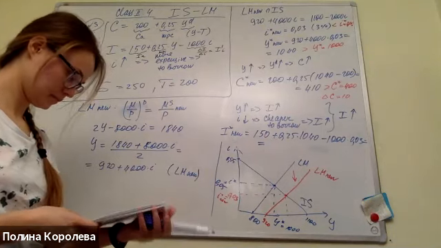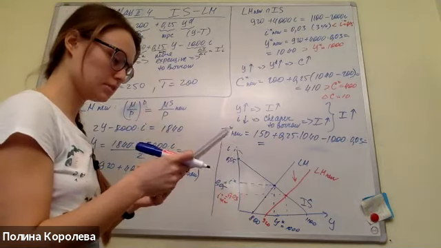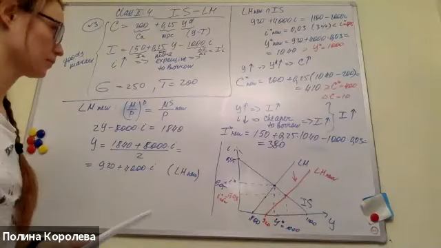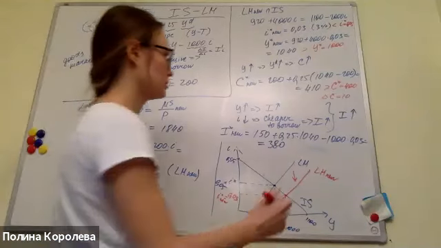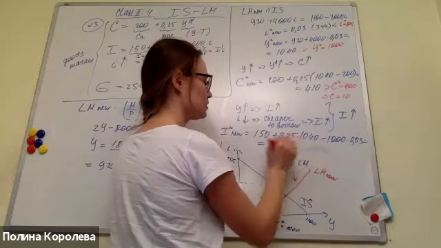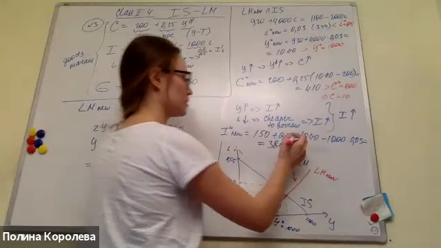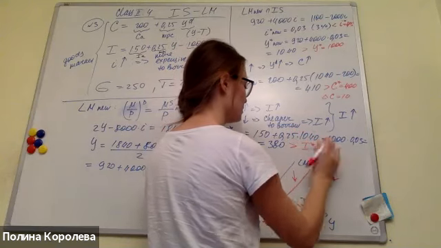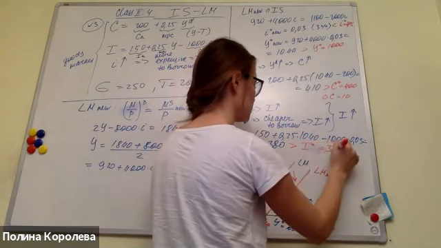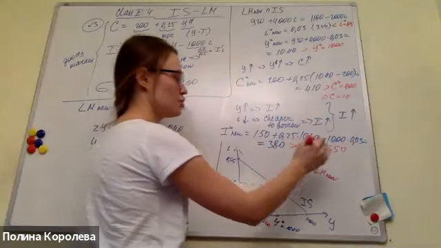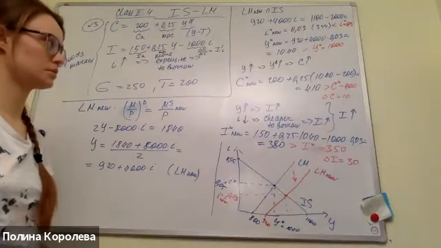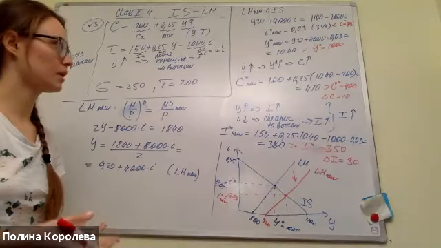It was 350 and now it is 380. Am I right? Yes, okay, I hope. So now we see that investments really increased and it is bigger than it was before. It was 350, and the change in investments is positive and equals 30. They increased by 30. And what conclusion do we make?